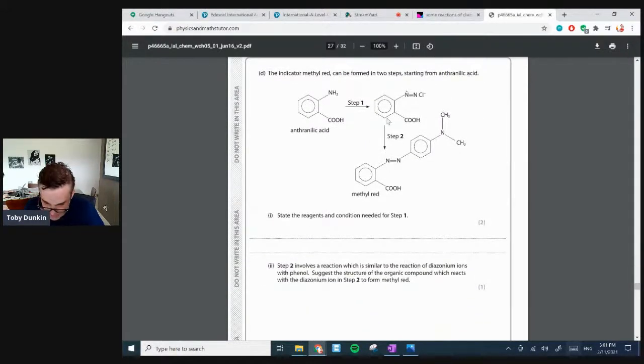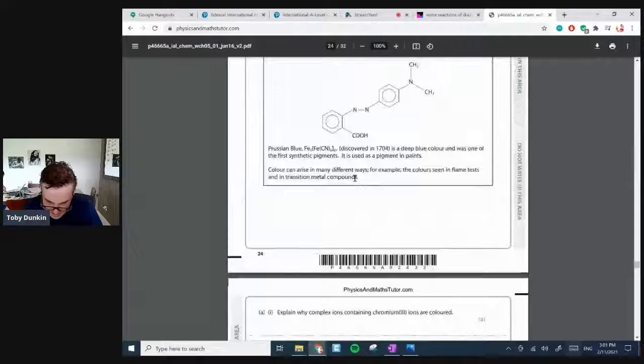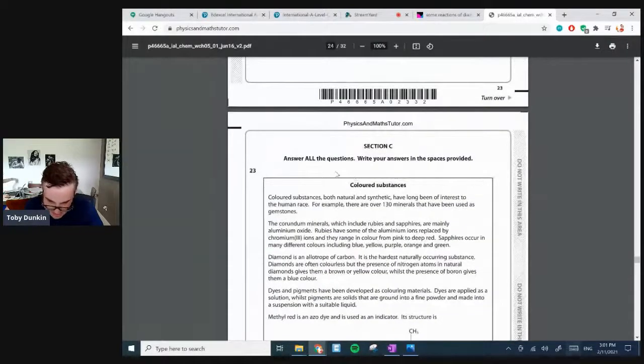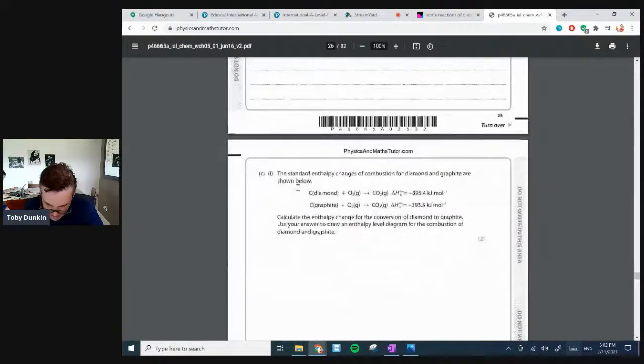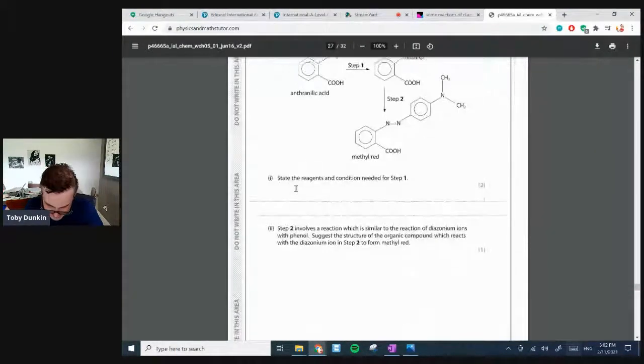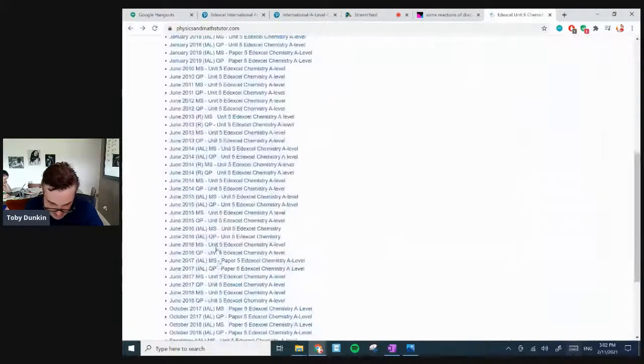Give the reagents and conditions for step number 1. Yes, that's what I want. This is question number 23, June 2016, 23D.1, mark scheme.